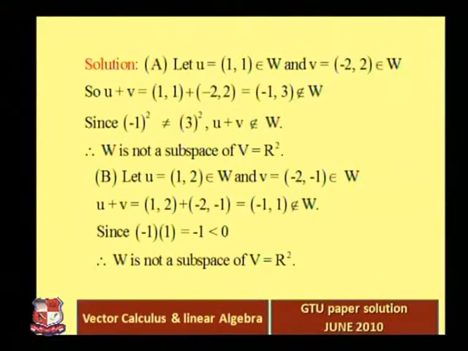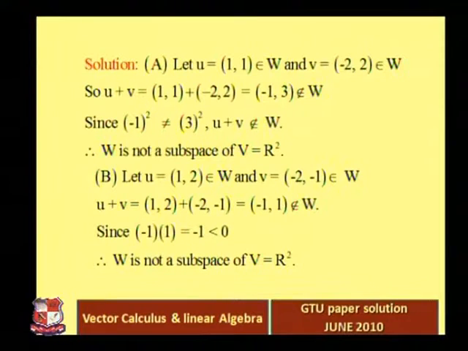So here is the example. Let U equal 1 1 belong to W, clearly, because 1 square is equal to 1 square. V is equal to minus 2 2, minus 2 square is equal to 2 square, which also belongs to W. So U and V both belong to W.